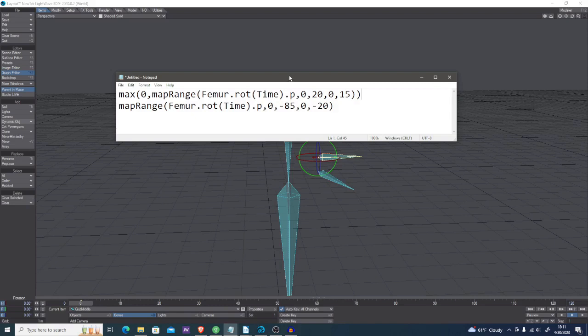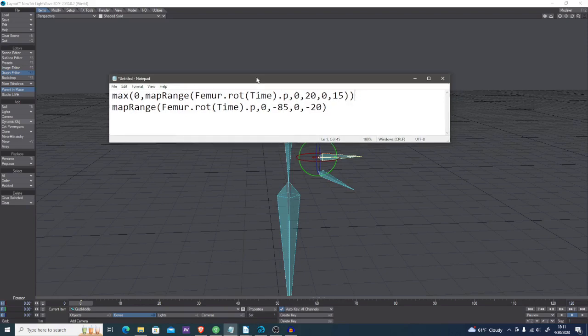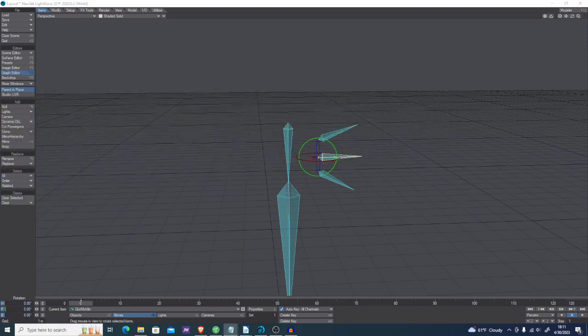And what this does is it will act on every value. I think this is going to be above 0, but it will not allow it to go below 0. And I'm going to show you an example of this.